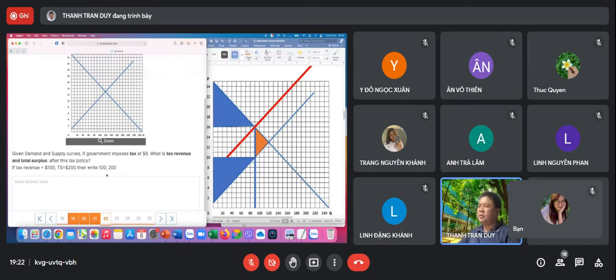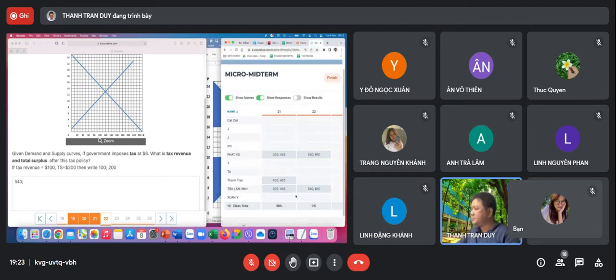Next, 22. With tax revenue and total surplus. Tax revenue will be this rectangle, right? And this rectangle will have 90 multiplied by 6, equal to 540, right? And so this one is tax revenue. And what is total surplus? Let me check your answer.